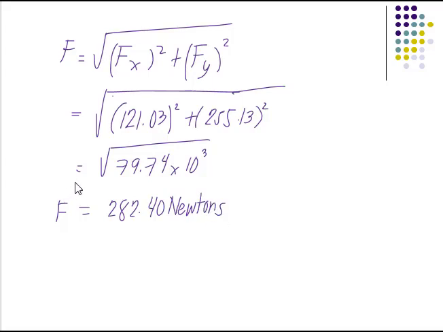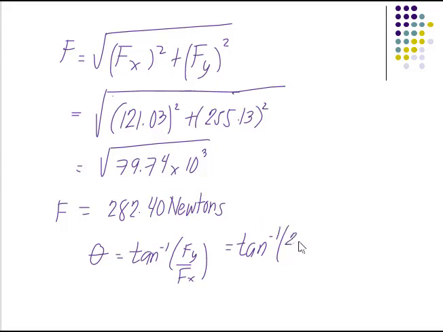Since force is a vector quantity, we have to get the angle. Recall that in getting the angle, we have inverse tangent of ry over rx, or fy over fx. So in this problem, we have inverse tangent. Our fy is 255.13, which is positive, divided by our fx, which is also positive, 121.03.